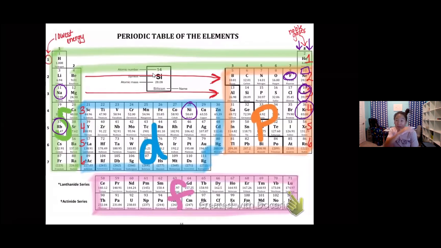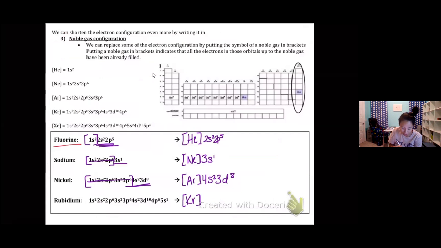It lives on level 4 in a p orbital, p house. So it's going to go all the way from the beginning all the way to 4p. All of this is going to get replaced, but you still can't forget what comes after krypton. What comes after krypton is 5s1. So you see how the longer the electron configuration is, the shorter the noble gas configuration gets. Okay, awesome.